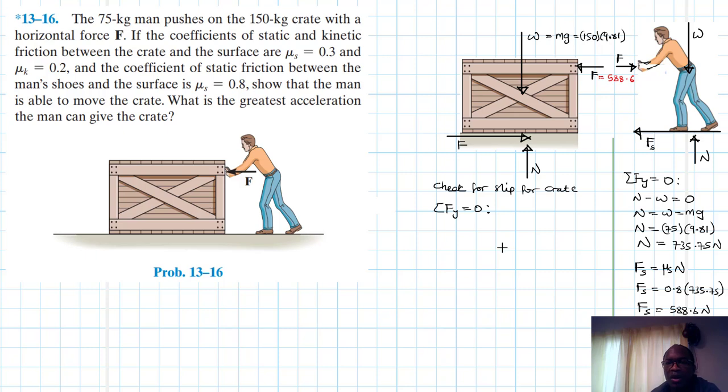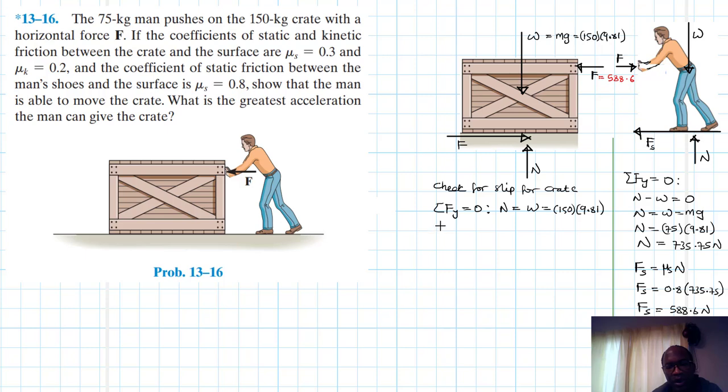Again, we don't expect any movement in the y direction. So we are saying this N is just going to be equal to W, which is just equal to 150 by 9.81.